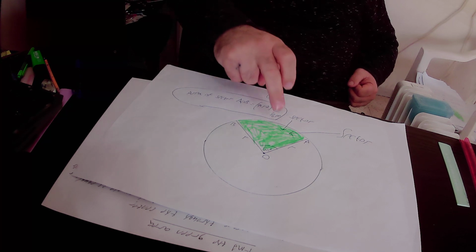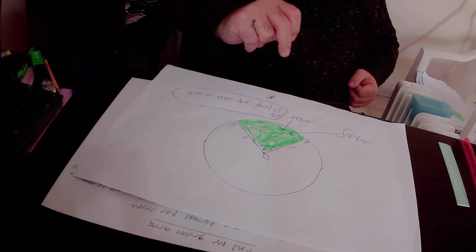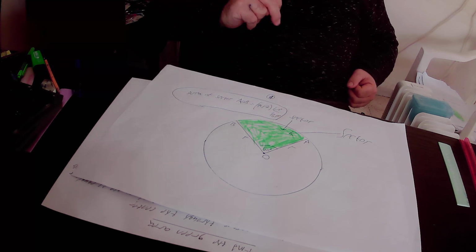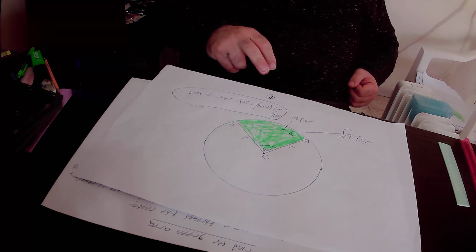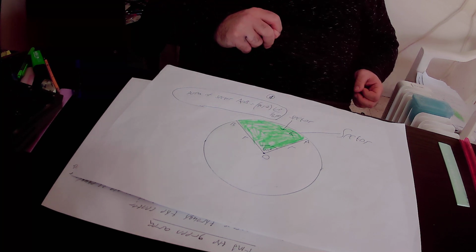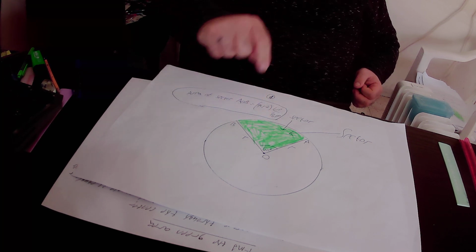In this case, the angle between the two radiuses is 60 degrees. So the area of this specific sector will be equal to pi r squared times 60 degrees over 360 degrees, when r equals the radius of this circle.